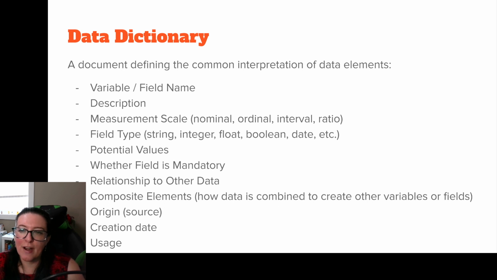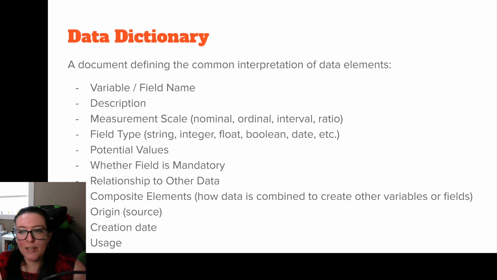So we'll call this a variable name. If it's a database, you might be calling it a field name. So rather than a survey, that information might have been collected in the process of operations or a form that was filled out. And so we have essentially a name for that column of information.